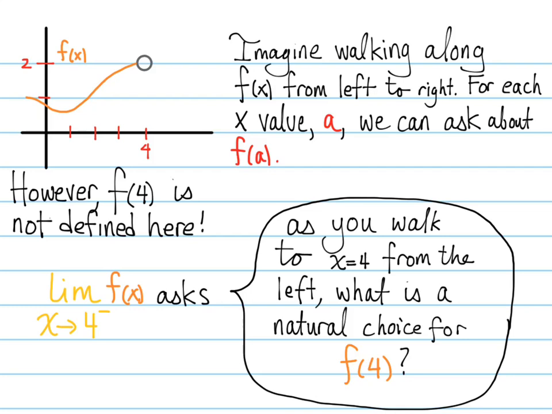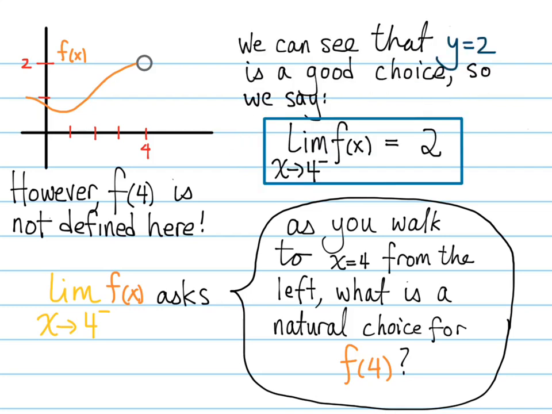Take a second to think about what the natural choice is. Here, we can see that y equals 2 is a good choice, right? If you walk along that curve, where f of x wants to be when x is 4 is 2. And so what we say is the limit as x approaches 4 from the left of f of x is 2.